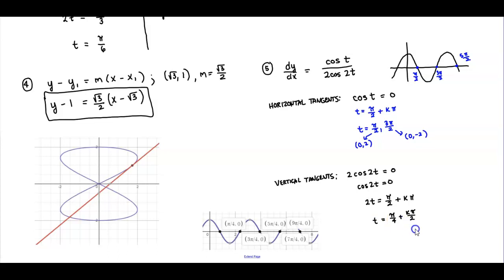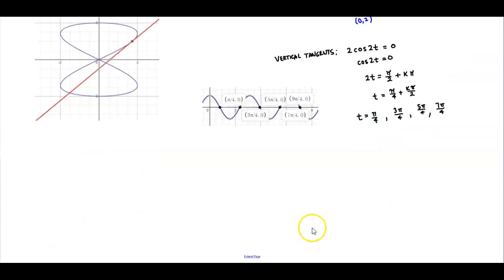So what are the values of t on our graph? Well, we know that we have pi over 4, 3 pi over 4, 5 pi over 4, and then 7 pi over 4. Okay, now what do these represent?